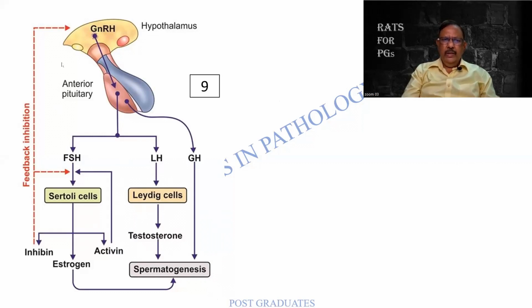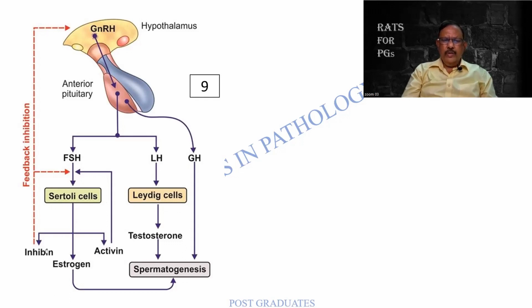For example, there is a hypothalamus over here, pituitary. Gonadotropin releasing hormone is there, and from the pituitary I will be having the follicle stimulating hormone and the luteinizing hormone. Follicle means it straight away goes to the ovaries over here, and it can also stimulate the Sertoli cells, and it produces the estrogen.